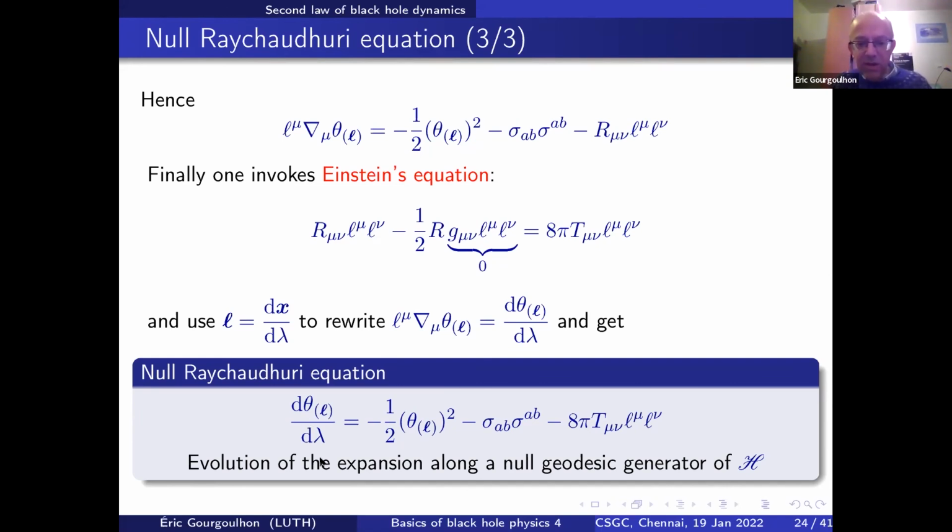So along a null geodesic of the event horizon, this rules the evolution of the expansion. And the right-hand side is this quite simple formula involving the expansion itself squared, the square of the shear tensor, and this energy-momentum part here.